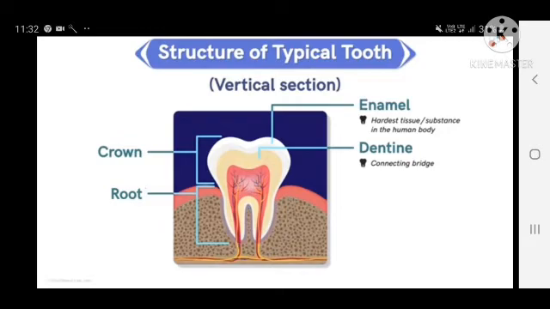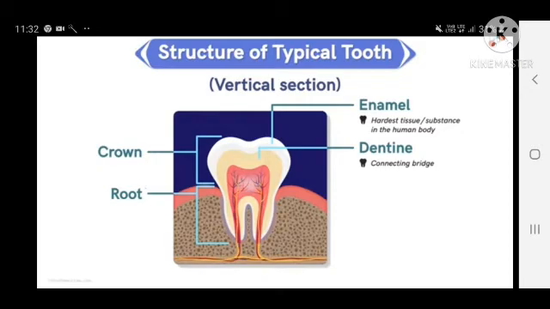Now below the enamel there is a layer of another substance which is called dentine. It is harder than bone but not as hard as enamel. So the outer layer of the crown is covered with enamel and the inner layer with dentine.